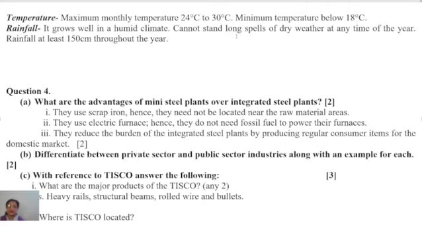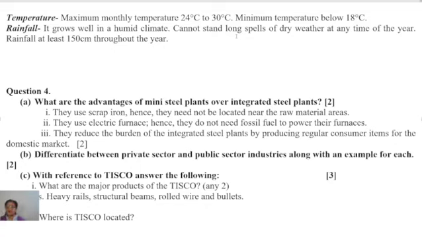It has to bear all the loss, and all the profit also goes with it. But when we talk about the public sector industries, because the government is behind them, whatever profit these industries make will go to the government, and if there is any loss, it will also be taken up by the government.